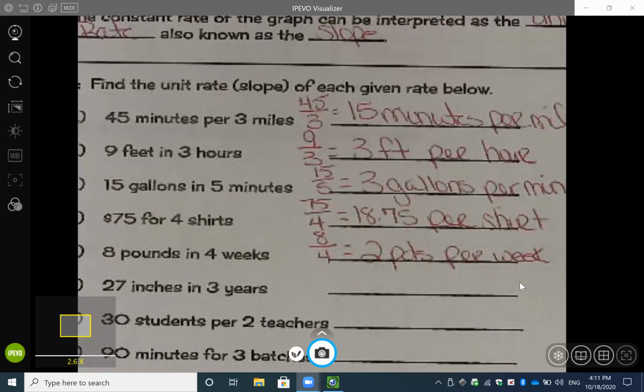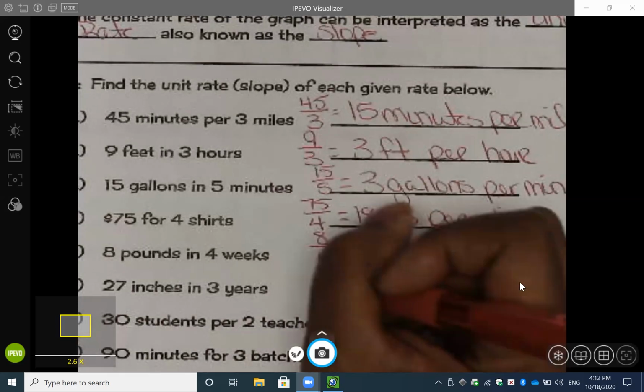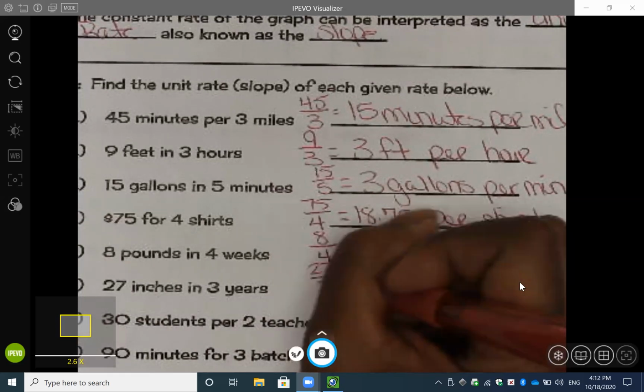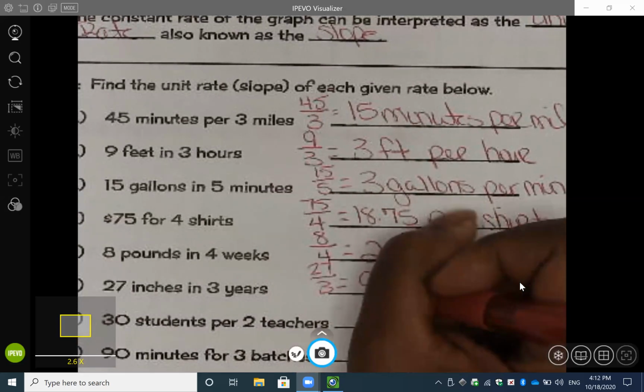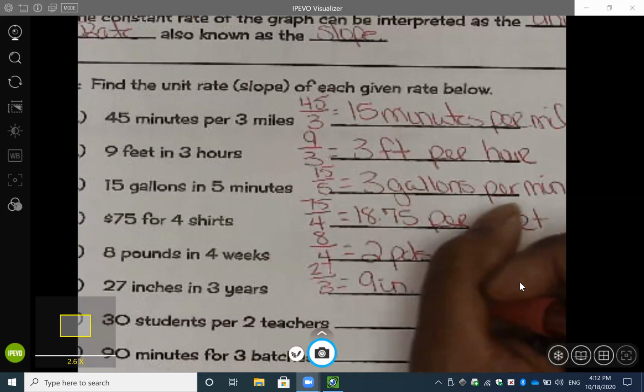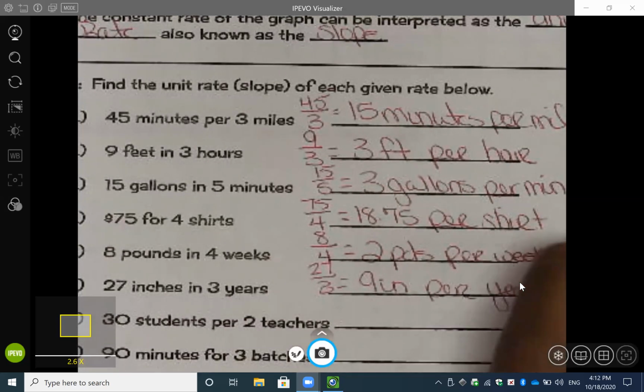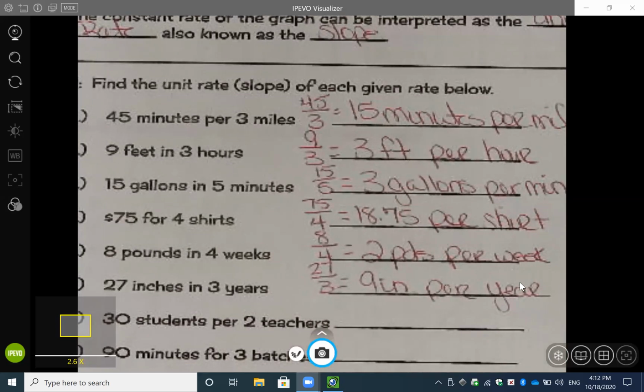27 inches in 3 years is the same thing as 27 divided by 3. So we have 9 inches per year. 30 students per 2 teachers.